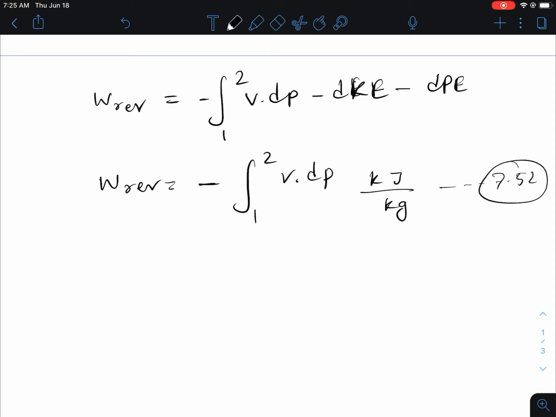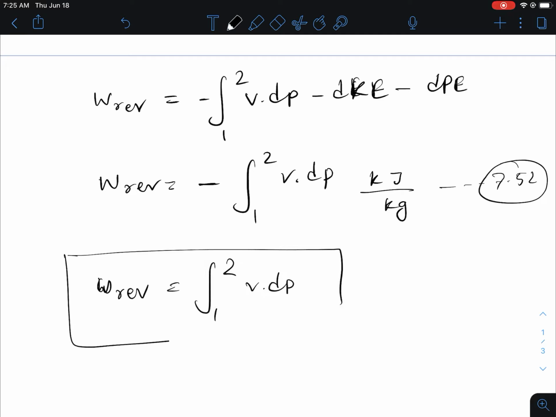If it is a compressor, for example, the compressor consumes work, whereas the turbine produces work. So in general, we write w reversible equals the integral from 1 to 2 of v dP. This is the equation for a reversible system, and that system is not a closed system, it is a steady flow system.